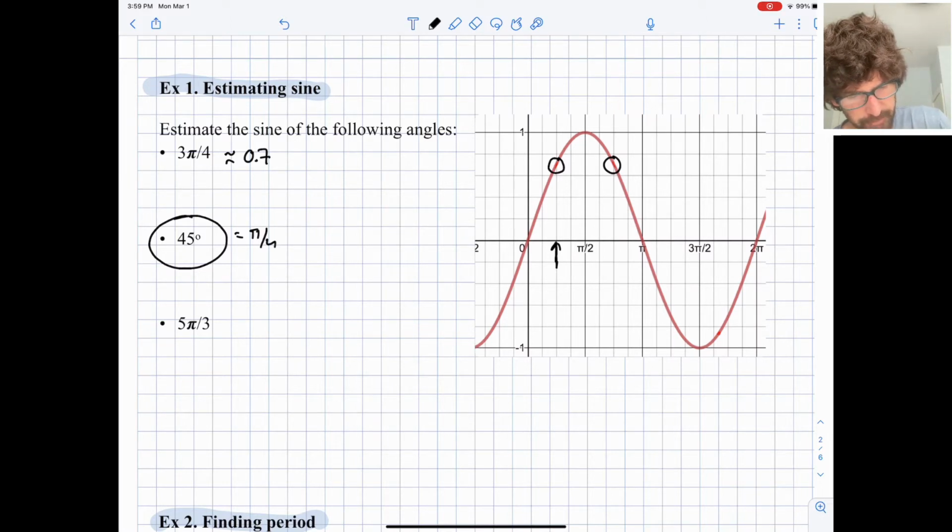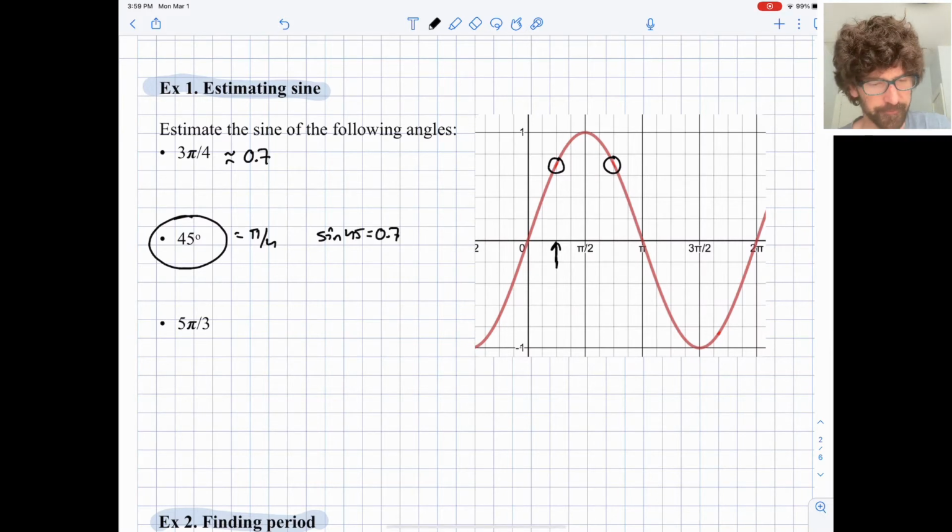So the sine of 45 degrees is roughly, again, 0.7. Let me make a tiny correction with the first problem I did. If you were to read this, you might think that 3 pi over 4 is equal to 0.7, and that's not the case. I don't want to misconstrue that. So let me write that a little bit better. The sine of 3 pi over 4 is roughly 0.7.